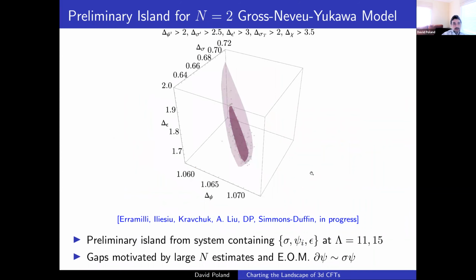So what I mainly wanted to show you is that we've now used all this new technology for the bootstrap to go to a system of correlators involving external fermions and external scalars. This is a system of, I think, 38 crossing equations, so it's a fairly big bootstrap system. But using the system, we've been able to get a closed island, in this case around the n equals 2 Gross-Neveu-Yukawa model.